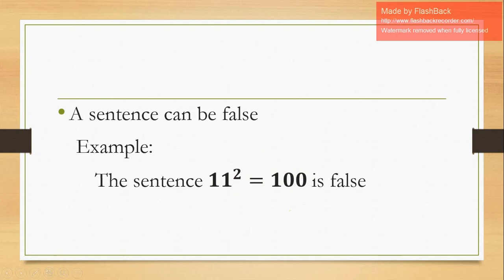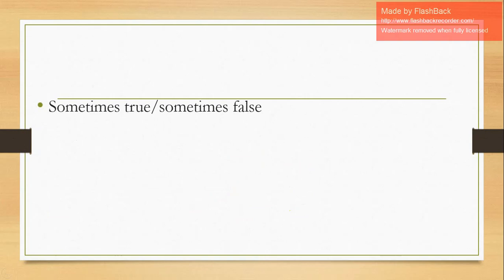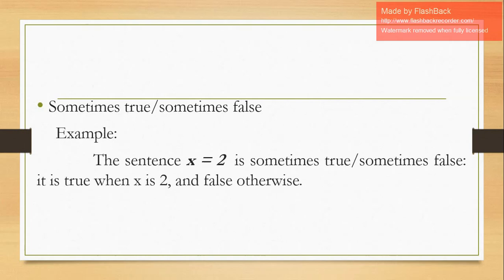A sentence can be true. A sentence can be false. But sometimes true, sometimes false. Paano nangyayari ang sentence may sometimes true or sometimes false? Let's have an example. The sentence x squared is sometimes true, sometimes false. Why? It is true when you substitute 2 for the value of x.